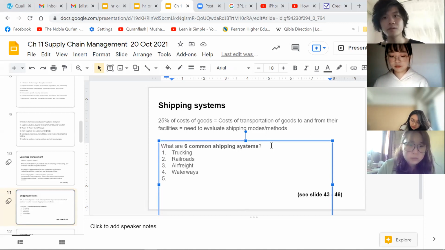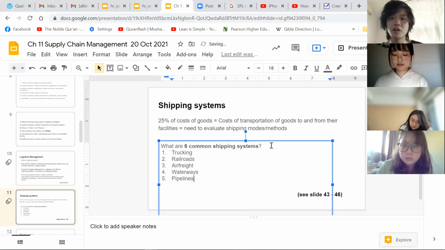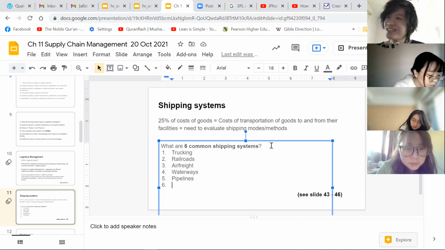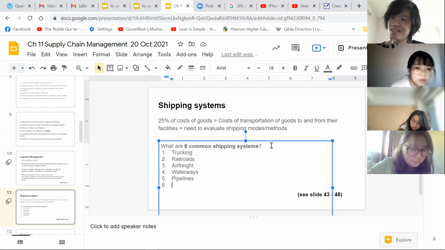This one is not common: have you seen pipelines? From the gas pipe, exactly, from Russia to China, and Europe. Oil and gas. So pipelines. And multimodal is actually combining the shipping methods.